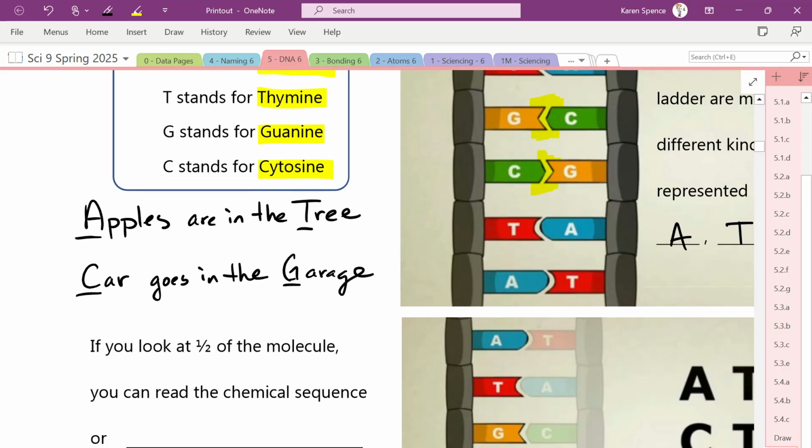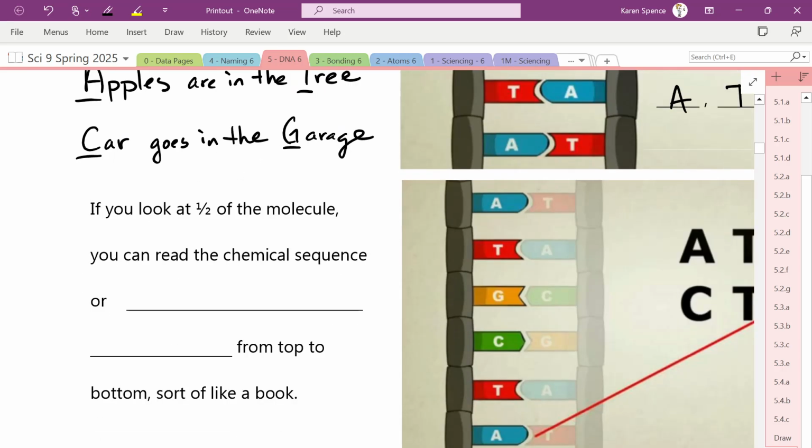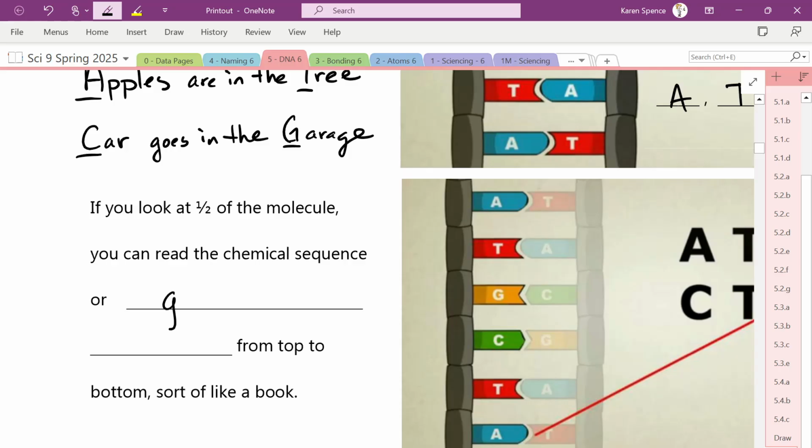Now, if you look at half the molecule, you can read the chemical sequence, but it's not just called a chemical sequence. It is called a genetic code. From top to bottom, sort of like a book.